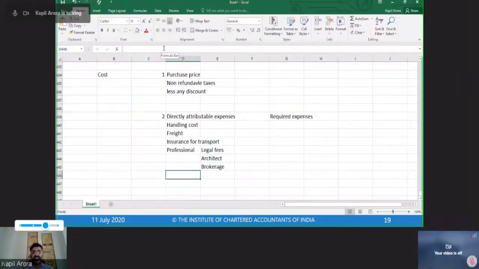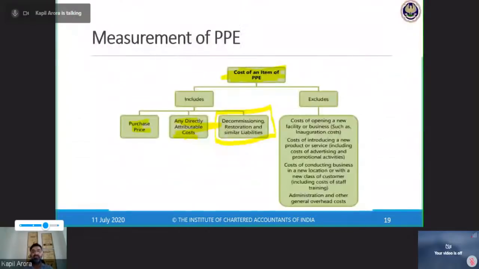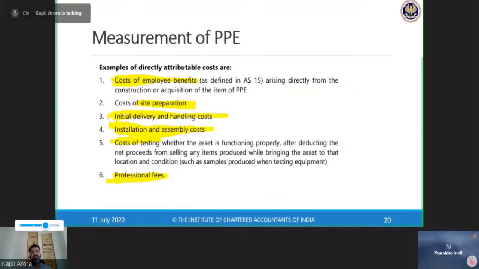We have also seen the test run. We have to test whether my asset is working in the same way as we asked our vendor or desired it to work. So for that we do our testing, so a first test run has to be done.